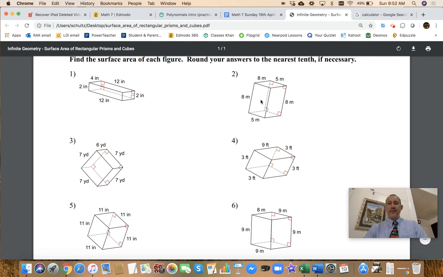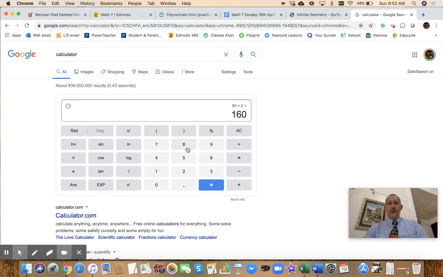Let's look at this one now. Two of the sides are the same, but the third length is different. So this is still not a cube. So to calculate this one, this is going to be our L. This is going to be our height. And then this, or down here, is our width. Okay? So for this one, we would do 8 times 8.